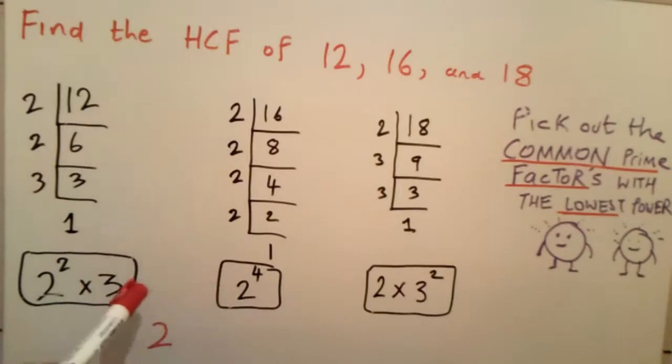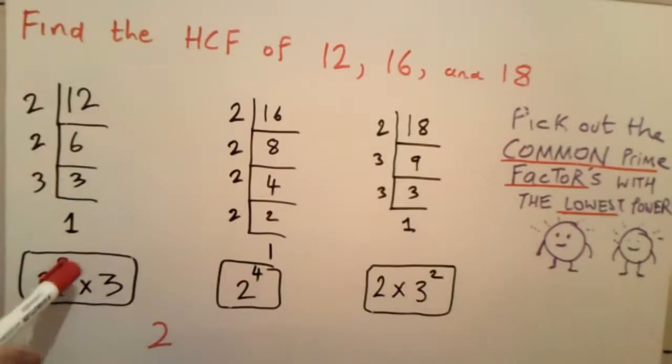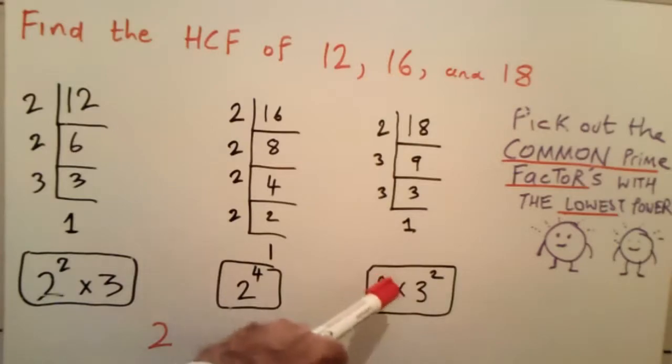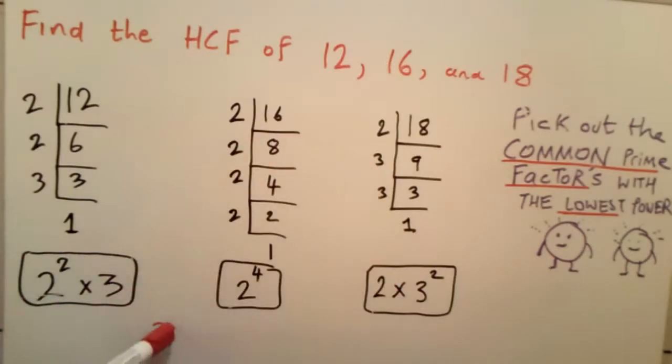So we know that 2 is there. What's going to be the lowest power of 2? Is it going to be 2 squared, or 2 to the power of 4, or just 2 on its own? The lowest powered one is going to be just 2 on its own. So we've got 2, so we can just write down 2.